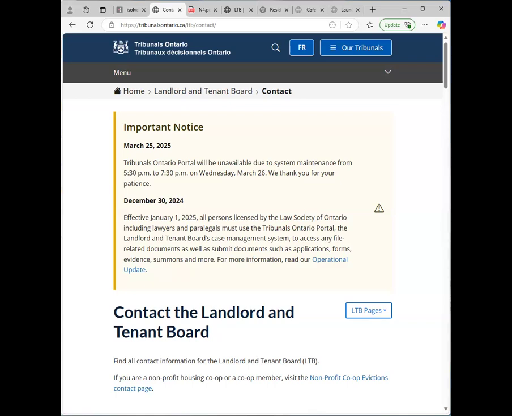If you're listening to this podcast, chances are you are either new to real estate or you are wanting to be in real estate. You might be a seasoned landlord in the province of Ontario, but things you can do to help yourself are read the Ontario Residential Tenancies Act, or you can check out a local meetup group in your city, regional district, or province.